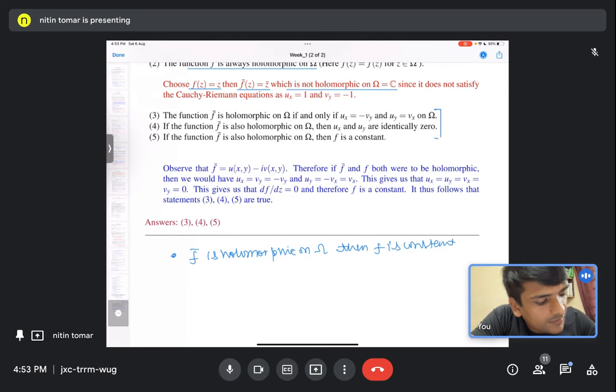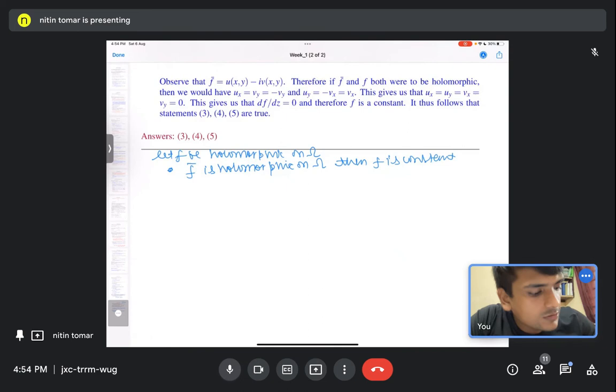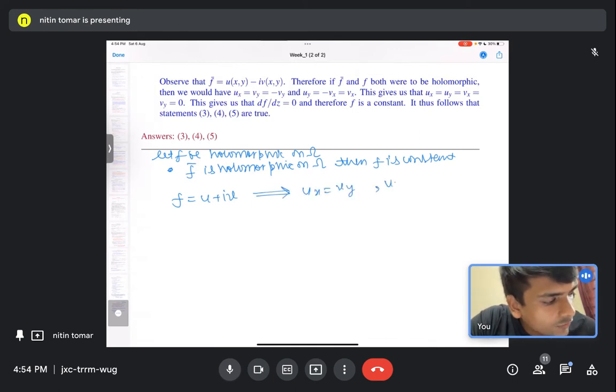Remember that we are starting with the assumption that f is holomorphic on omega. So if f is u plus iota v, and because f is holomorphic, the Cauchy-Riemann equation holds: ux is vy, uy is minus vx, right?